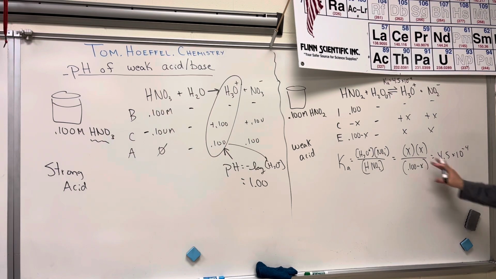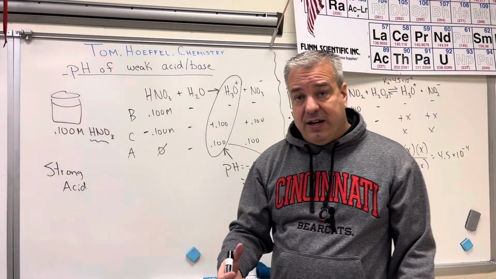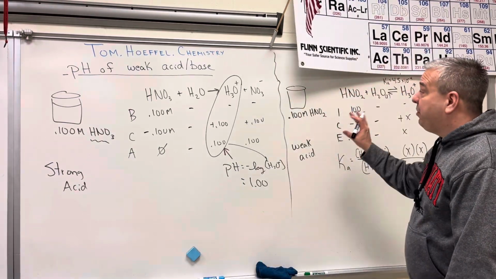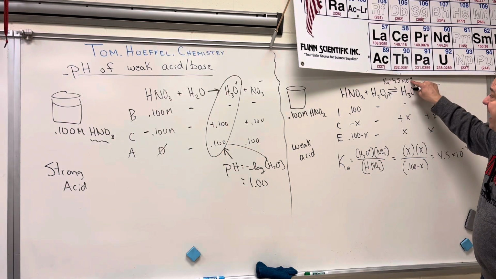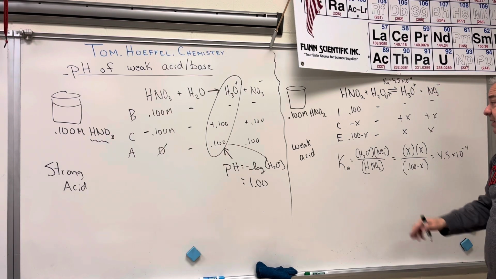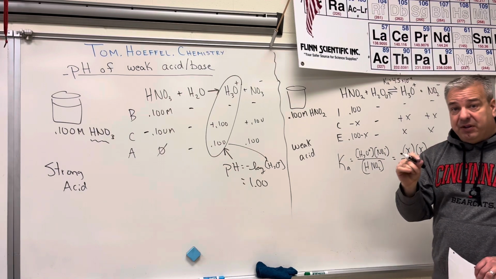Now, I can continue this problem, but I'm going to end up having you use the quadratic equation. And there's going to end up being a shortcut when dealing with weak acids and weak bases, and that's because this K value is really, really small. And since this K value is really small, we know that this shift to the right is going to be really small.